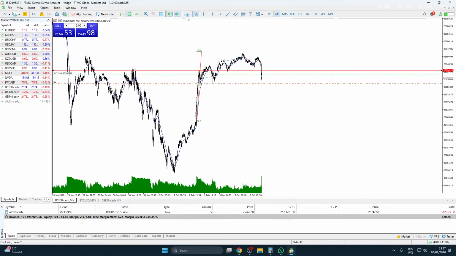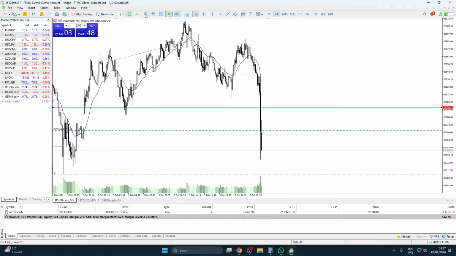That's the idea, and then we check if the price action agrees with us or not.